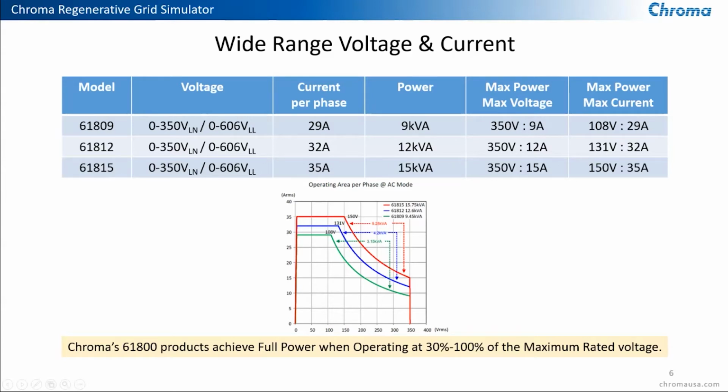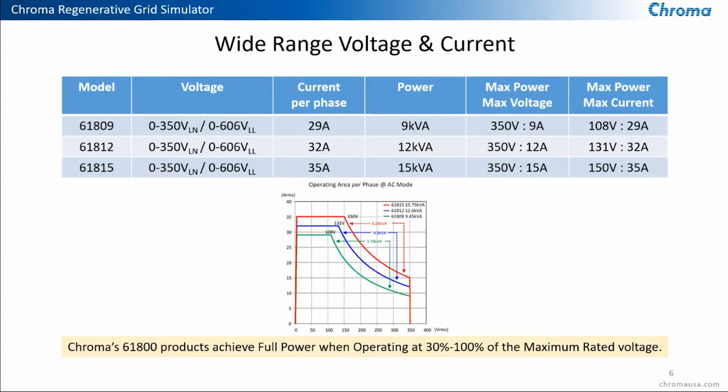You can see that if we were to set the output voltage to 350 volts, which is the maximum voltage output, we could still set the current up to 15 amps and still achieve 15 kVA maximum power.